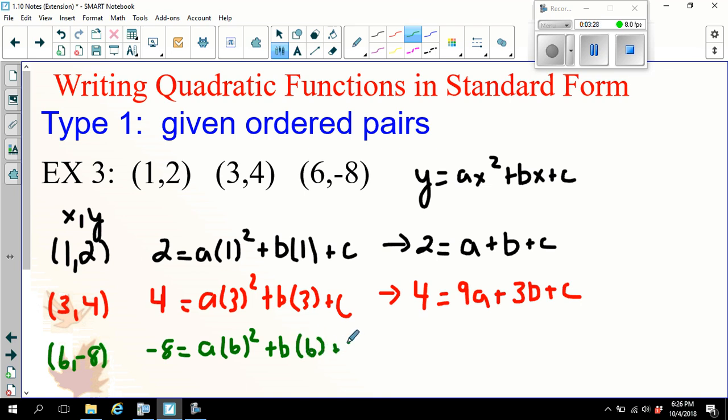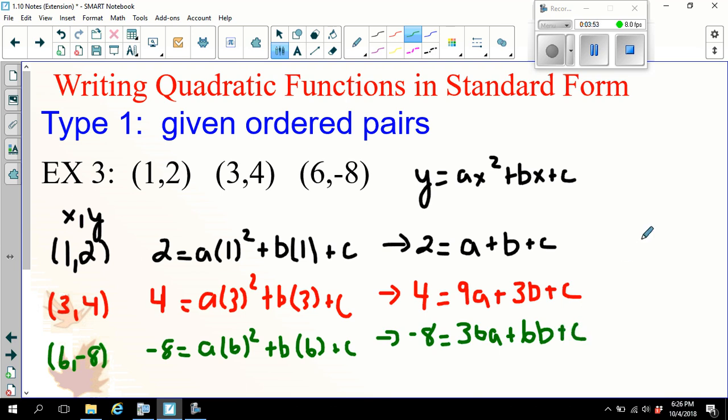So now we do have to evaluate. So here we still have negative 8. Now we do 6 squared, that gives us 36. So we have 36a. Then we have b times 6, so that gives us plus 6b. And then plus the c.